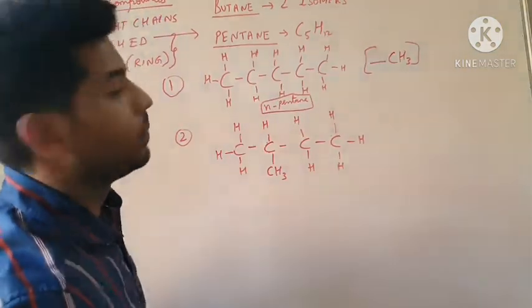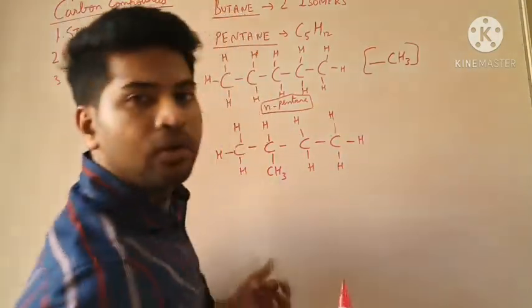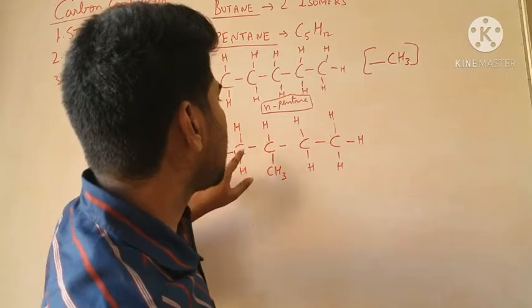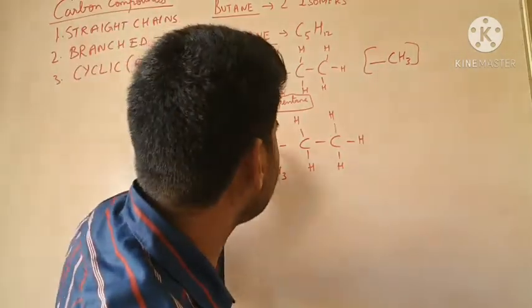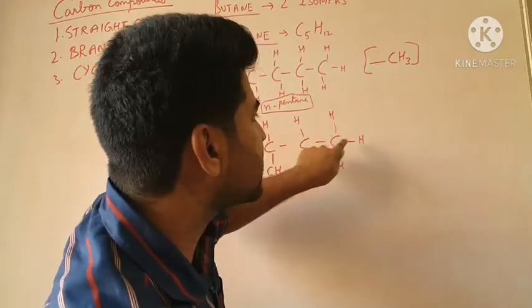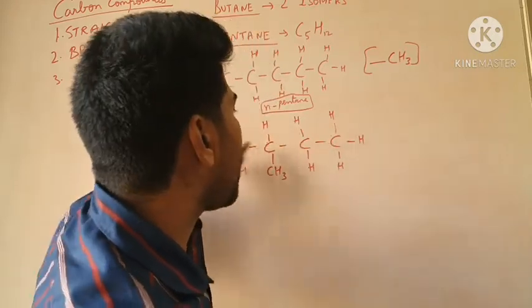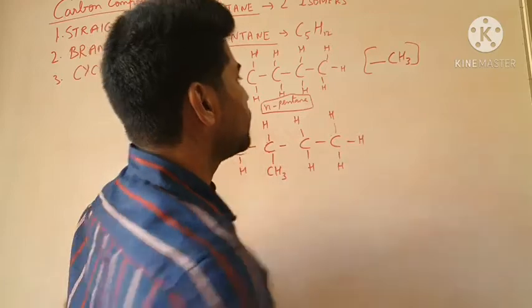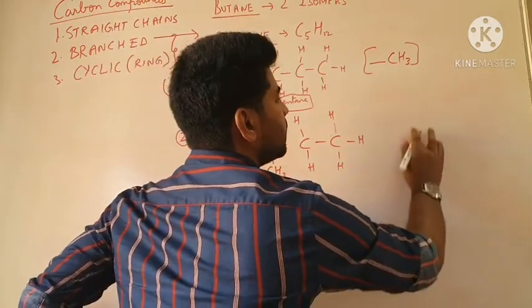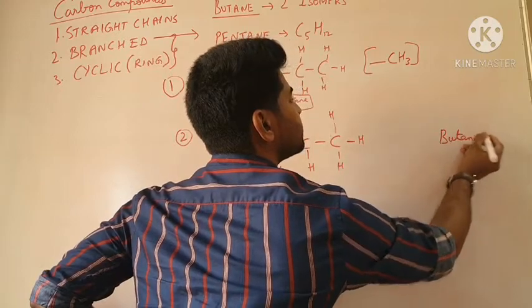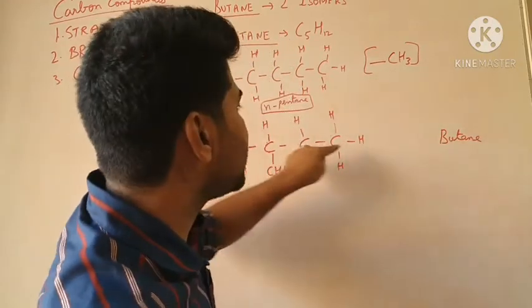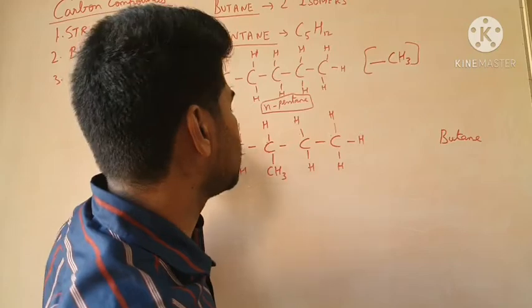What would be the name? The name of this structure would be: first count how many carbon atoms are there in the main chain. This is the main straight chain. The longest carbon chain, how many atoms does it have? 4. So the name would be butane because the longest carbon chain has 4 carbons.